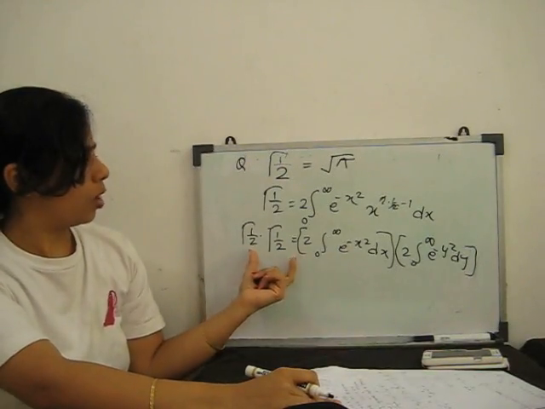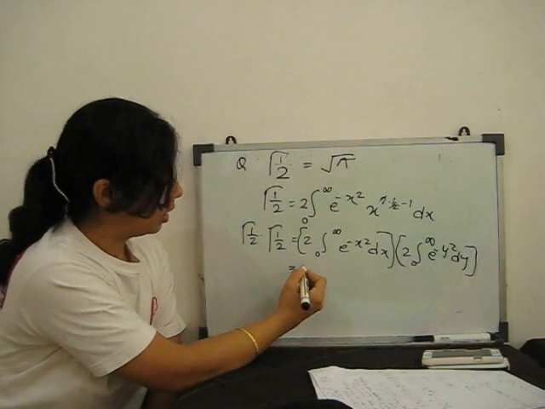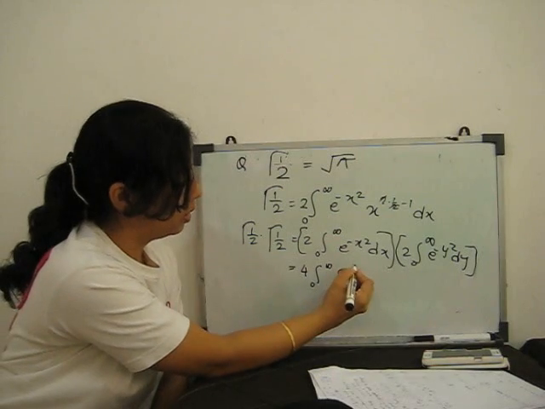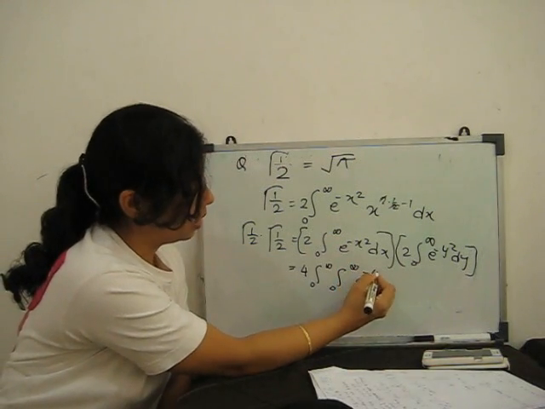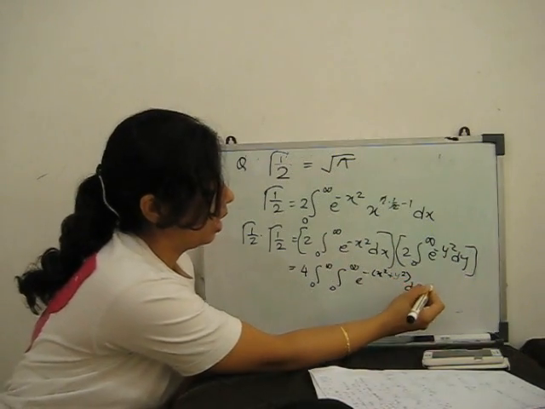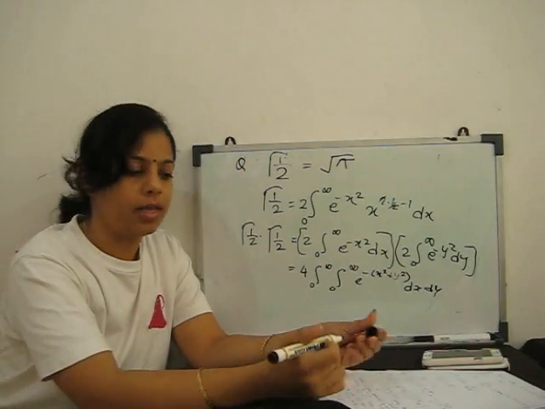Both if we combine the constants, 4 times 0 to infinity, it becomes a double integral e to the power minus (x square plus y square) dx dy. Clear? Up to here, very easy, very simple.